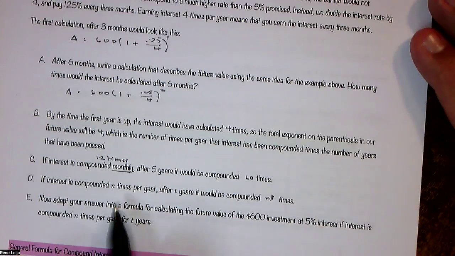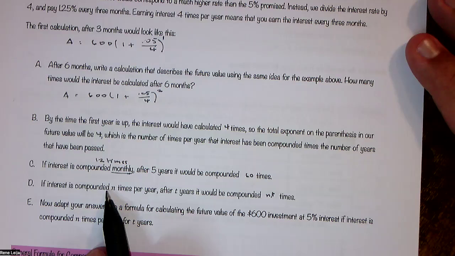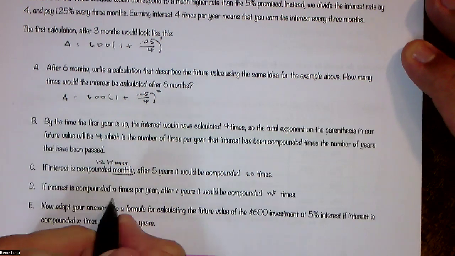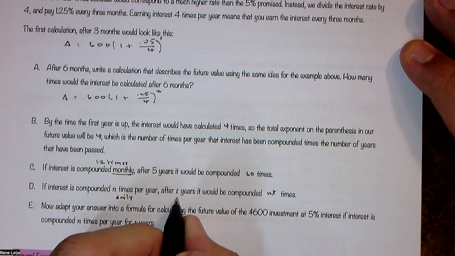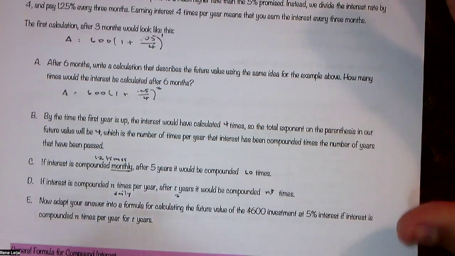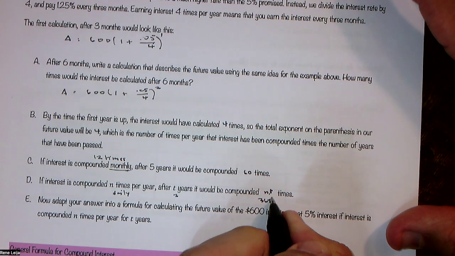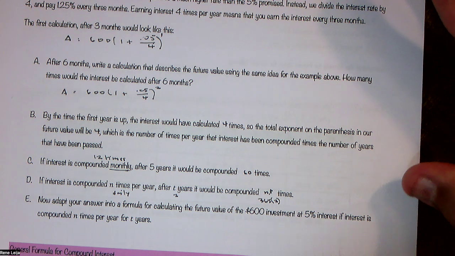Let's say that this was compounded daily for 2 years. In a year, how many days are there? There's 365. So that would be n times the number of years, which is 2. And you multiply that out.